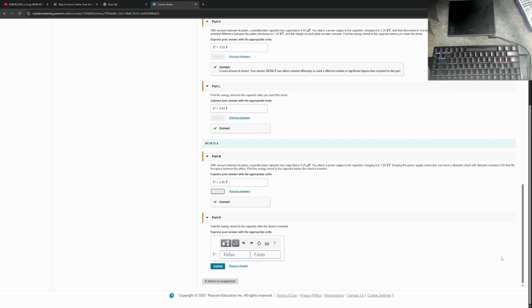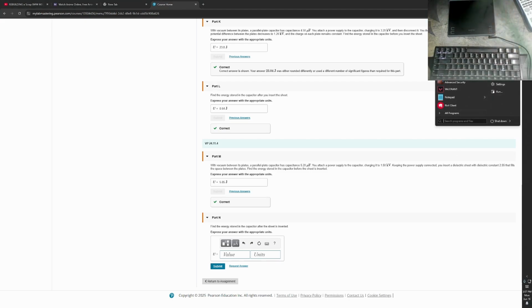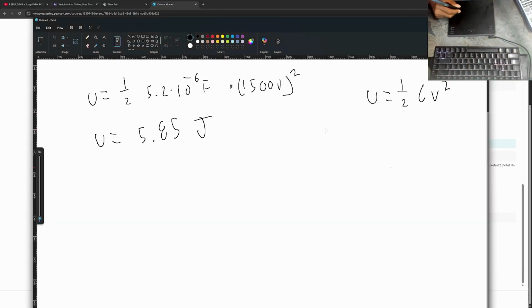And then the last question, part N, is asking us to find the energy stored in the capacitor after the sheet is inserted. So we can solve for the capacitance and then plug it into the formula after. Our capacitance formula for that is going to be capacitance equal to our dielectric constant times our initial capacitance.